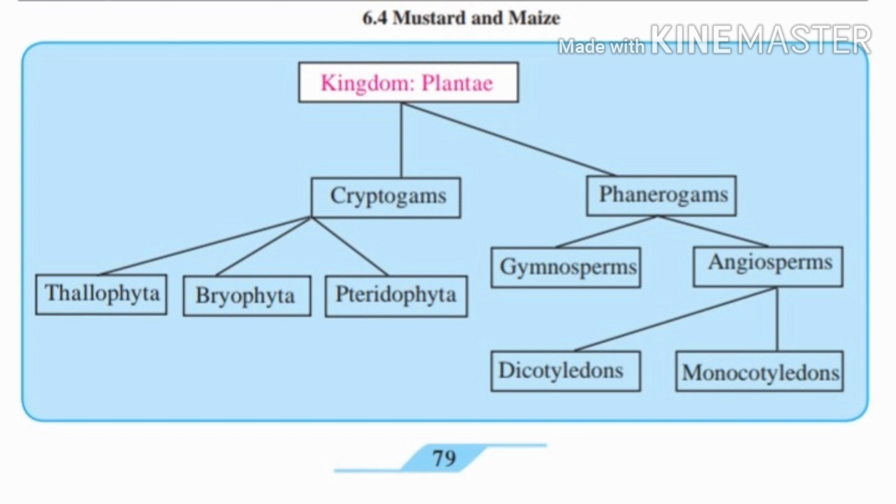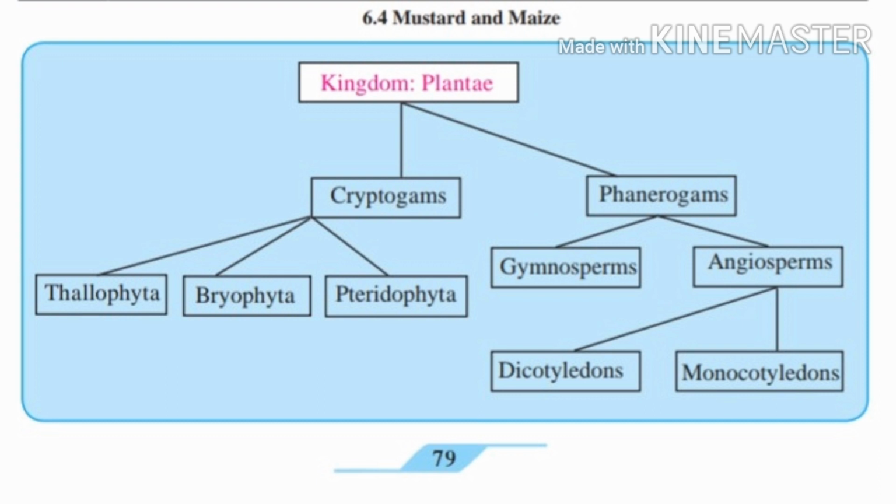The plants are classified in different ways by taking different criteria into consideration. In this standard, we are going to take the criteria whether the plant flowers or not. Depending on this criteria, the plants are classified into two kingdoms, that is cryptogams and phanerogams.